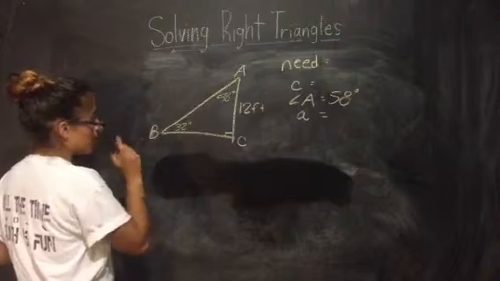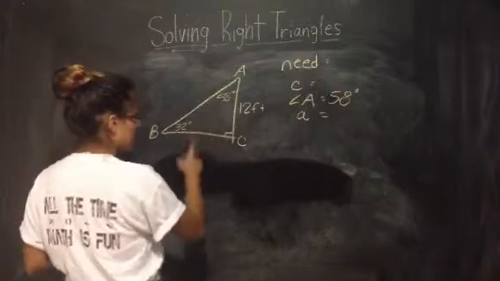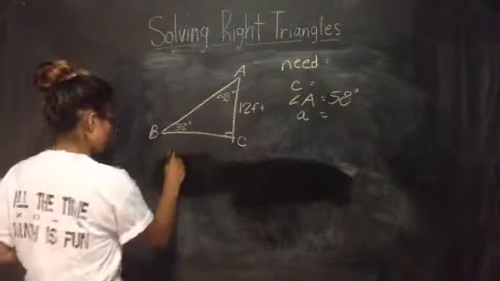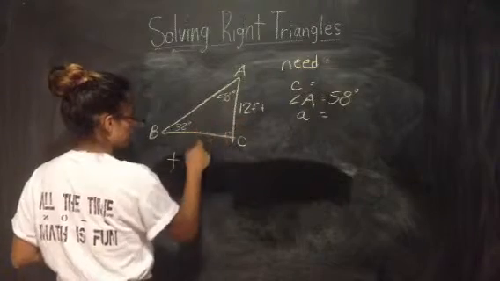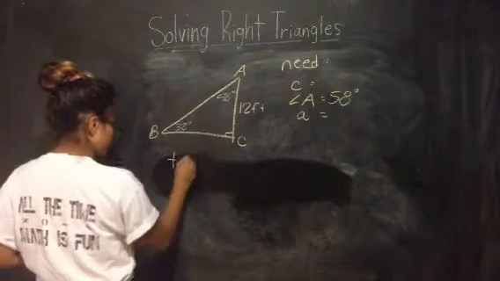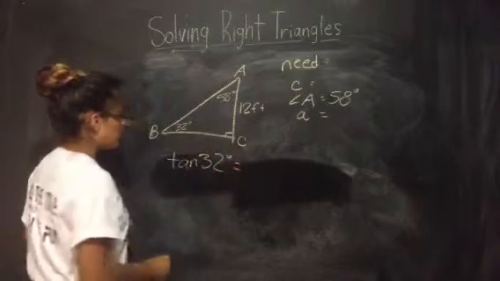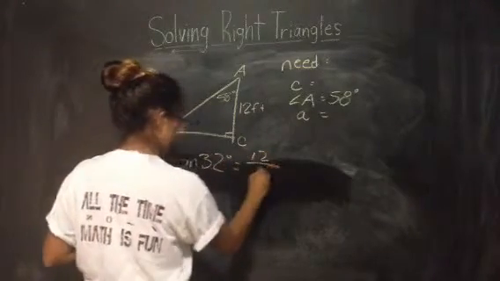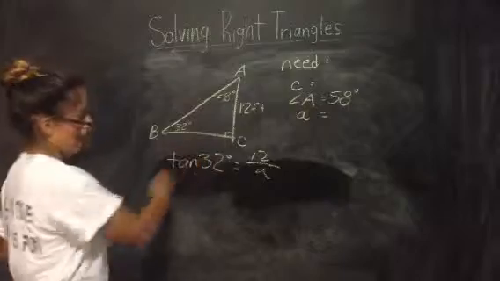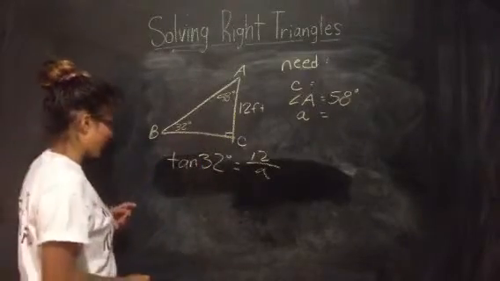So we could do the tangent of 32, which would be opposite over adjacent to find this. So tangent of 32 degrees equals 12 over A, because that's what we'll call that side.